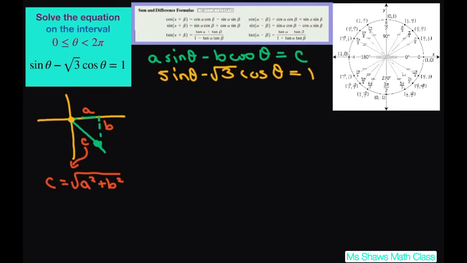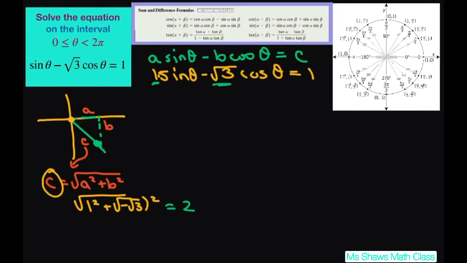Now, what we're going to do is find our c here. I should call this R really because we have a c here. But anyway, this is going to be the square root of 1 squared plus negative square root of 3 squared, because this is your a and this is your b. And this is going to give you a 2.